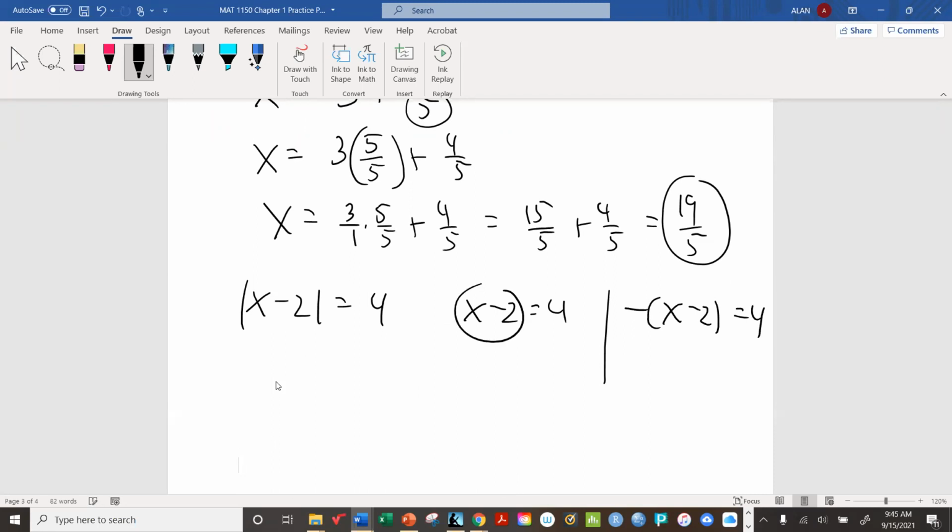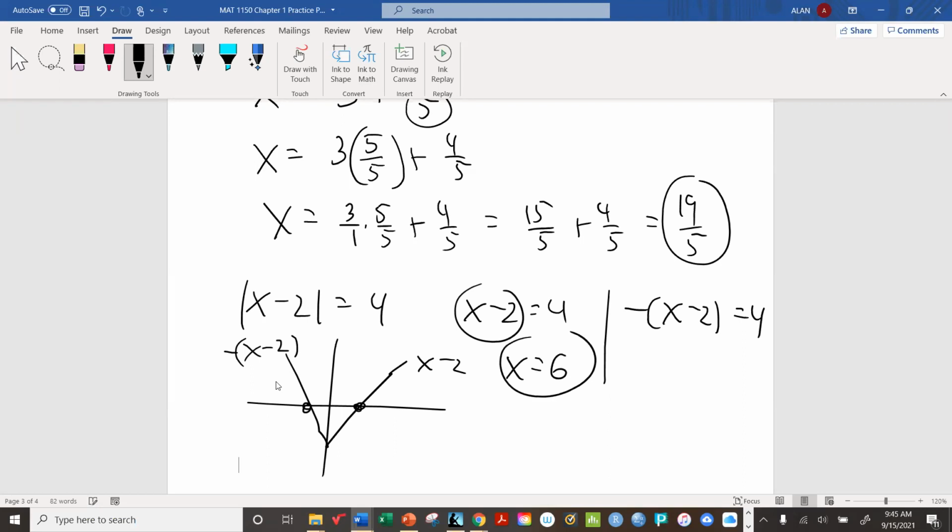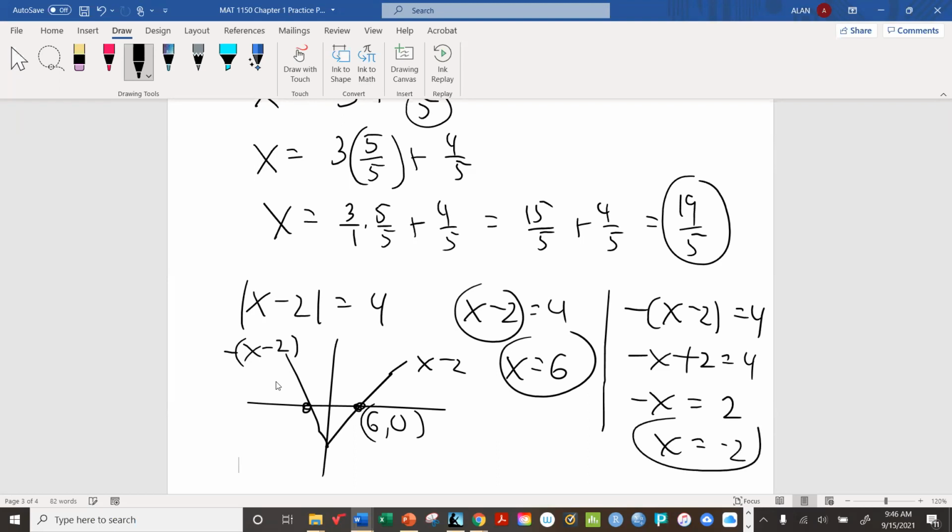We have the positive version and the negative version. This is the x minus 2. This is the minus x minus 2. And they both cross the axis at a specific point. And over here we have minus x plus 2 equals 4. Minus x equals 2, x equals -2.